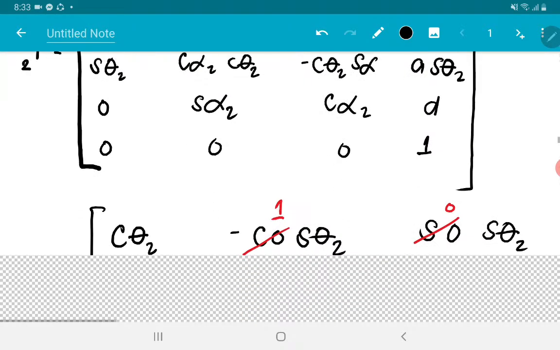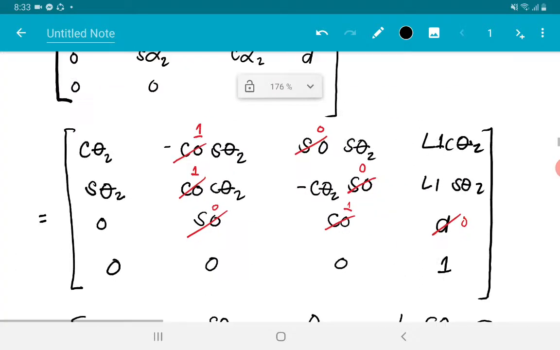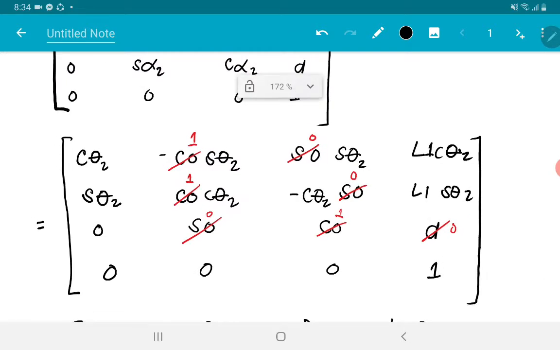So again, substituting each value for alpha and theta, you will have cosine theta 2, negative cosine 0, which is equal to 1, sine theta 2, sine 0, which is equal to 0, sine theta 2, link 1 or L1 cosine theta 2. So and so forth. So sine theta 2, cosine 0, which is 1, cosine theta 2, negative cosine 2, sine 0, which is 0, then L sine theta 2.